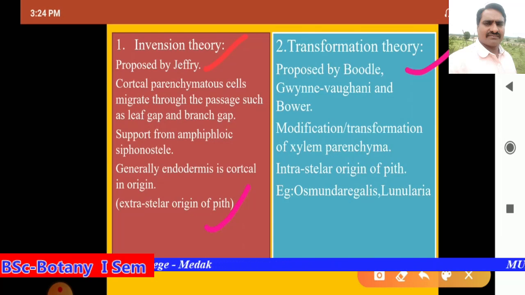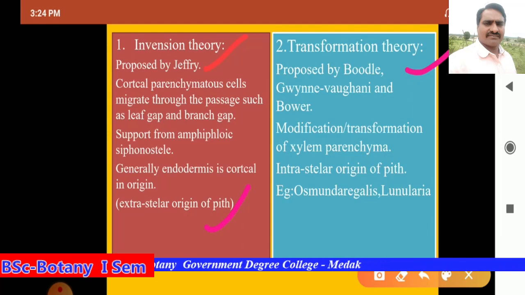This is also called intrastelar. Intrastelar means this pith originates from stelar cells, whether xylem or phloem or pericycle. Mainly it is derived from the xylem parenchymatous tissue. So it is called intrastelar theory and transformation theory.